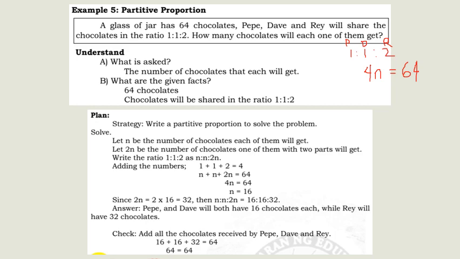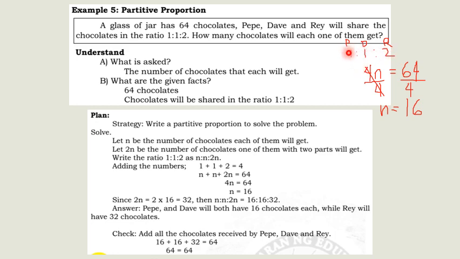So, paano hahanapin yon? I-divide natin kung ano yung katabi ng n. Ano bang katabi ng n? 4. So, matitira dito ay n. 64 divided by 4 ay 16. So, ibig sabihin, ang isang n ay equivalent sa 16. Sino ba dito ang may isang n lang? Di ba ito? Si Pepe at saka si Dave.